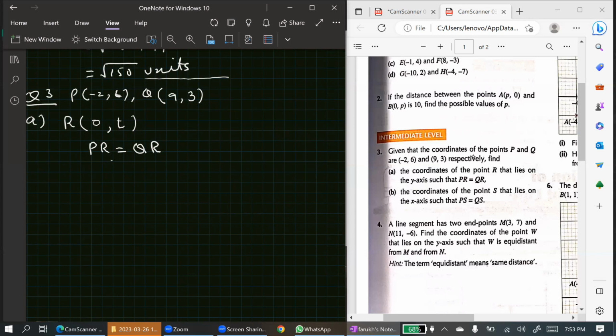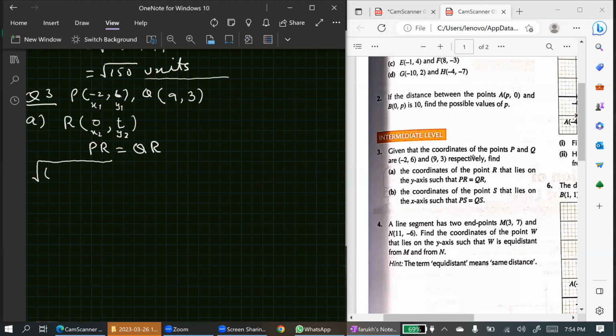Now, we will apply the distance formula upon PR. We will name the points as x1, y1, x2, y2.